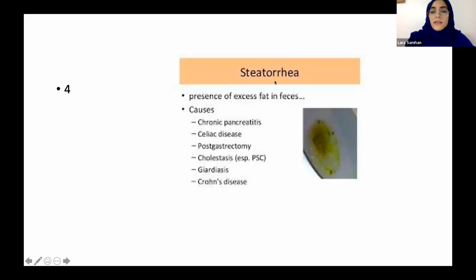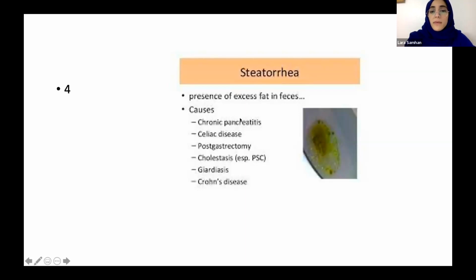Steatorrhea is the medical terminology for excessive fat in the stool. As we said, steatorrhea is the presence of excess fat in the feces, and it has many causes. It can be pancreatic enzyme insufficiency, where the pancreas isn't producing enough enzymes to digest fats, like lipase, or isn't producing enzymes in the first place.